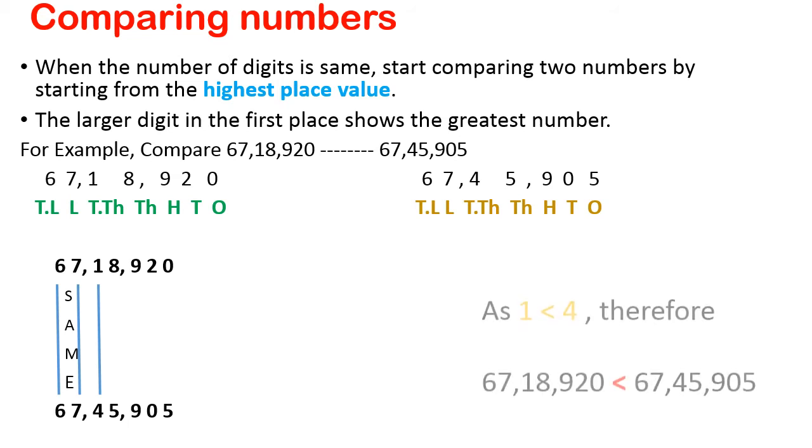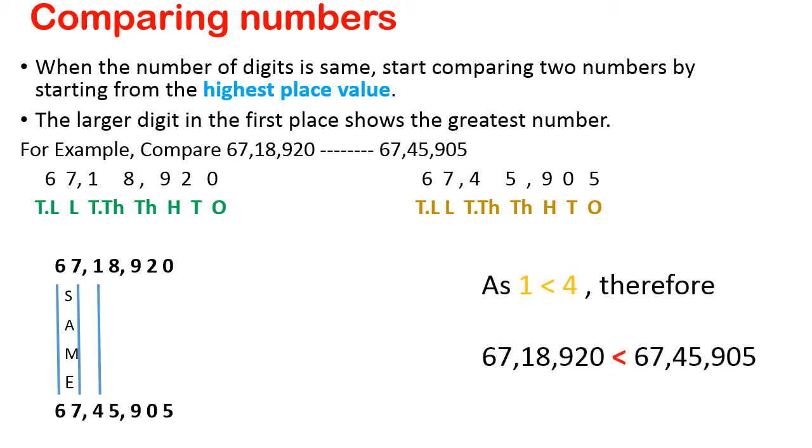So which one is the smaller number? 1. So 1 is less than 4. So the answer is 67 lakhs 18,920 less than 67 lakhs 45,905. Because 1 is the smaller number. So that whole number, 67 lakhs 18,920, is the smaller number.